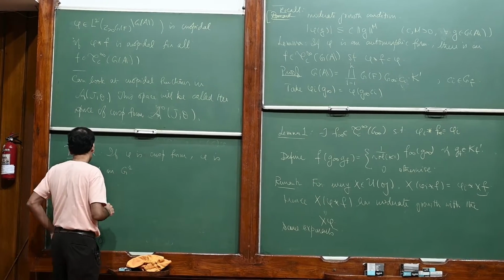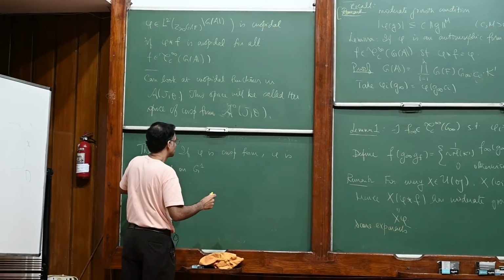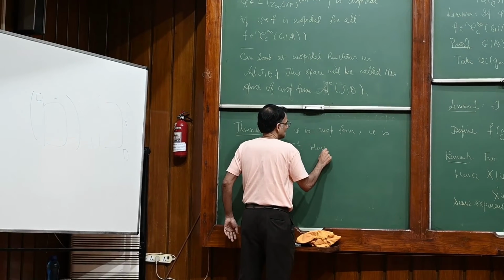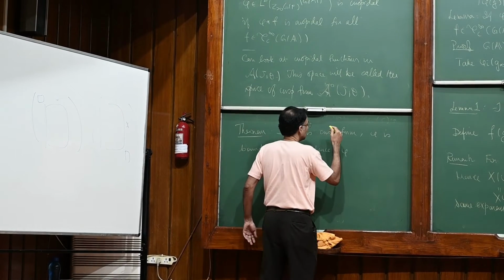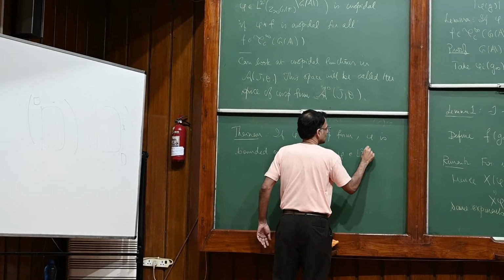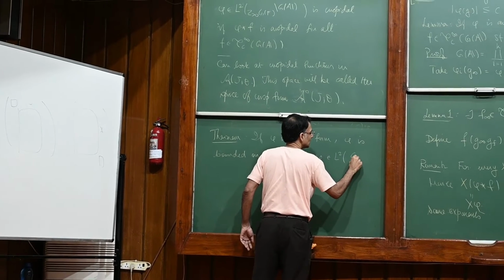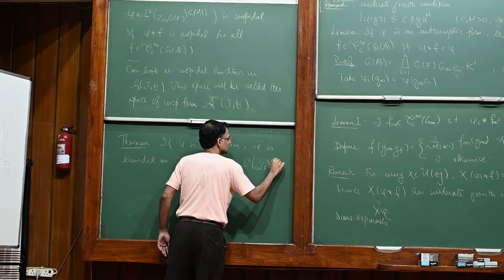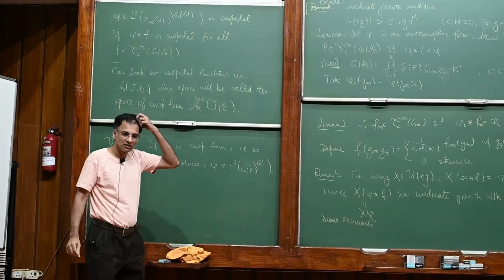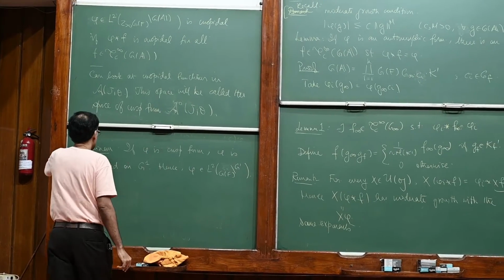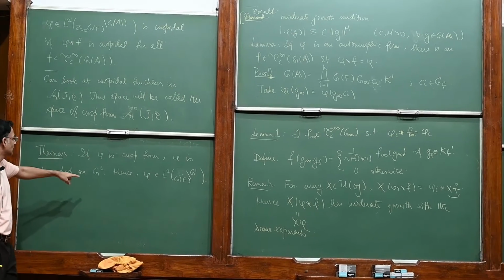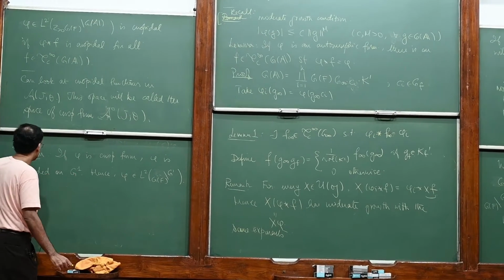One, in fact, hence phi is in fact in L2 of G. So remember this has finite measure, so once it's bounded. Okay. So recall now.